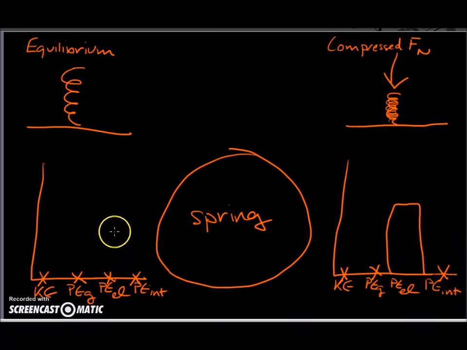So, as we can see, there's been a change in energy in the spring system from before and after the push, which is equal to our work, which is equal to our potential energy of the spring. And this work is caused by our force normal.